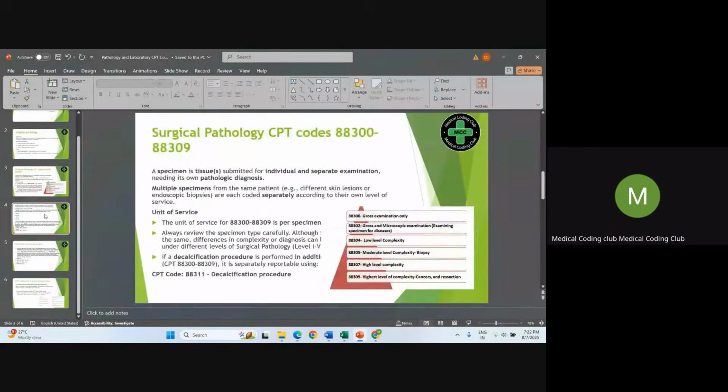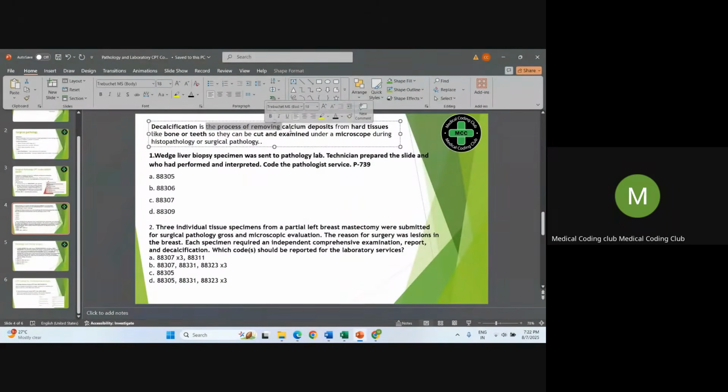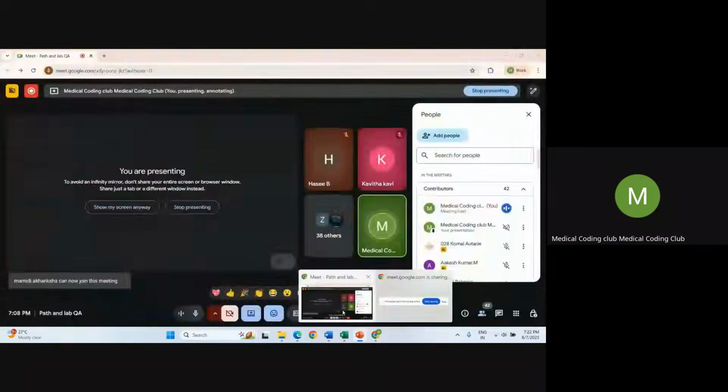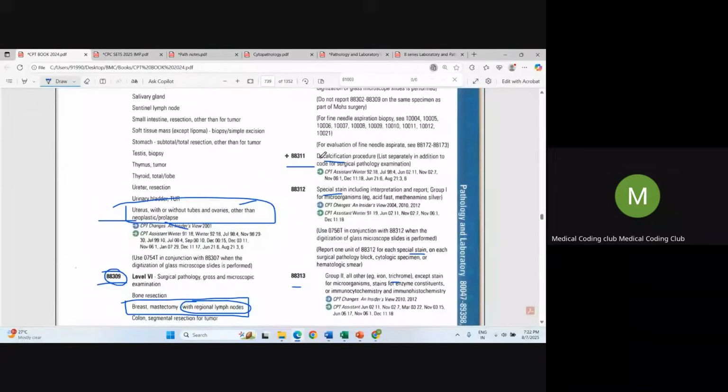Decalcification is the process of removing calcium deposits from hard tissues like bone or teeth, so they can be cut and examined under a microscope during histopathology or surgical pathology.